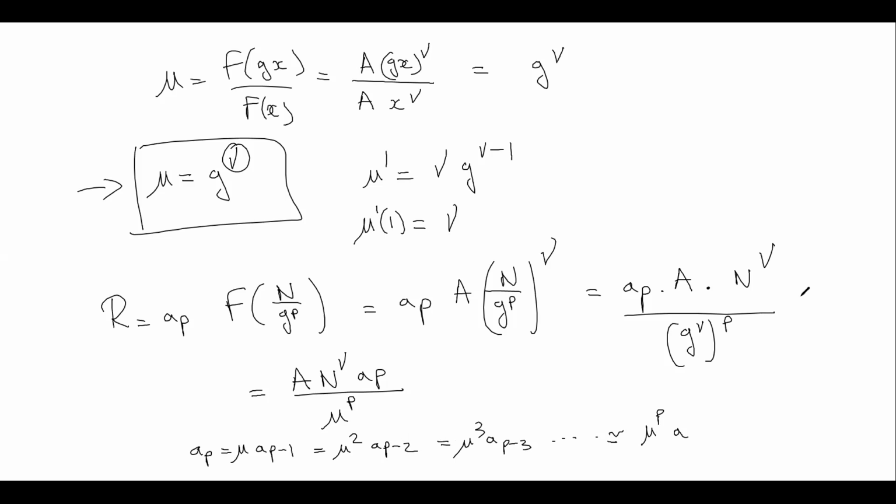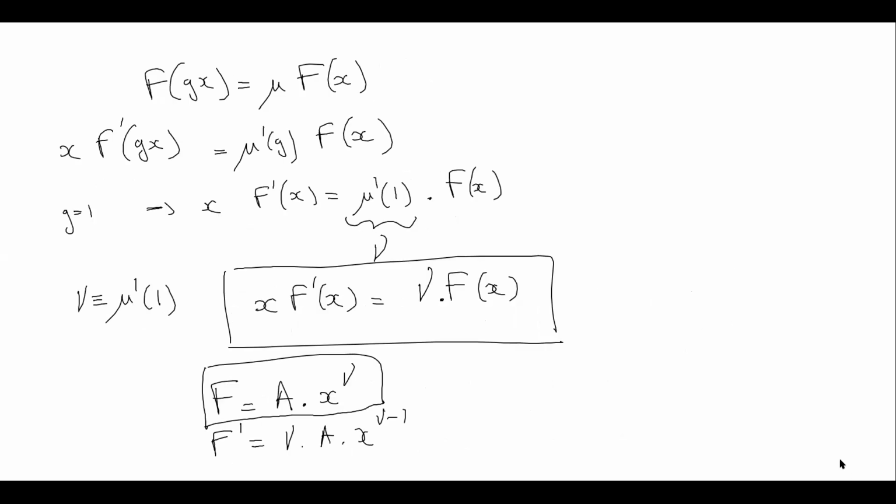So basically, sorry, it's not the right line up. This is close to being A n^nu, mu^p divided by mu^p. And there is A missing. And so it's A times n^nu times A, where A is a constant.